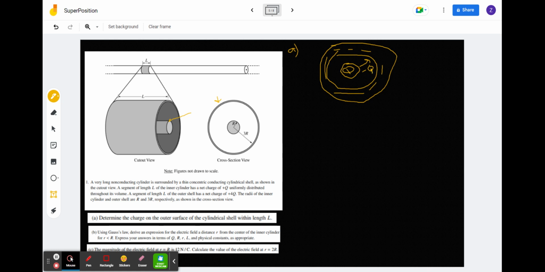So it's negative Q and Q. But we want the sum of the net charge to be 4Q. So we say 4Q is equal to the charge on the inner, which is negative Q, plus the charge on the outer, which is what we want. Which means our answer, by doing algebra, is going to be 5Q.